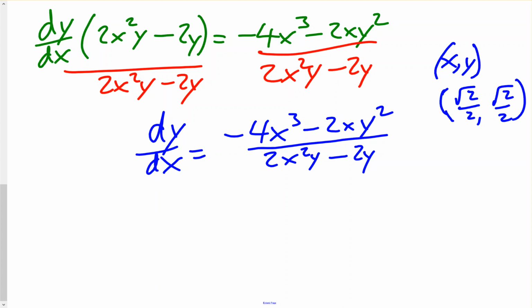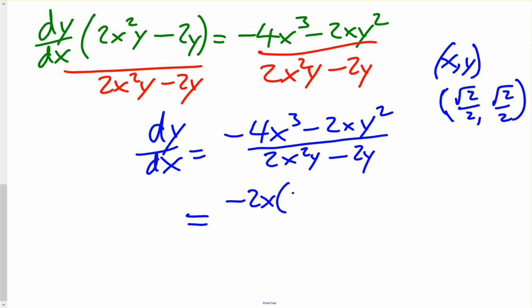Now what might help you plug this in a little easier is if you could factor out as much as possible, some common factors. You just rewrite this. If we factor out on the top, we factor out a 2. In fact, there's a lot of minuses, so we could factor out a negative 2x on top.